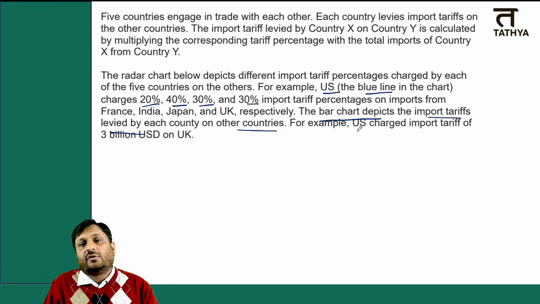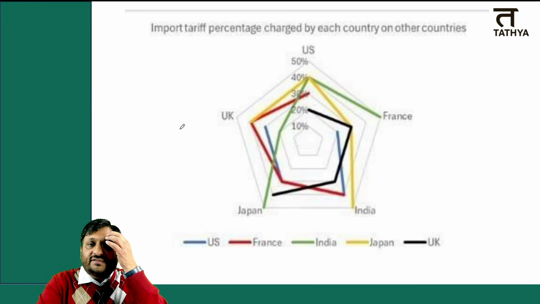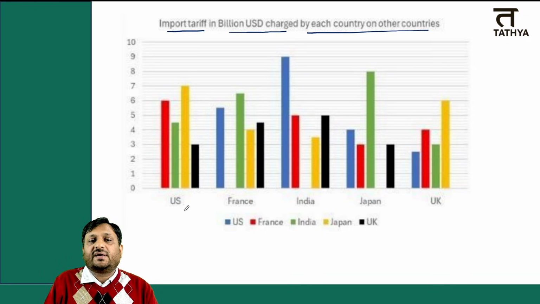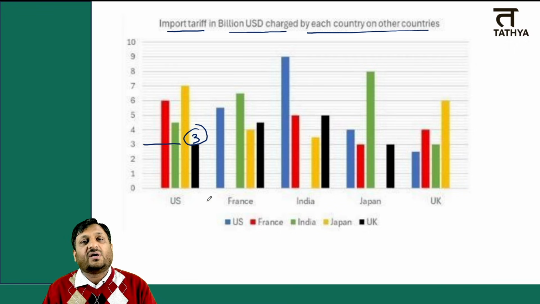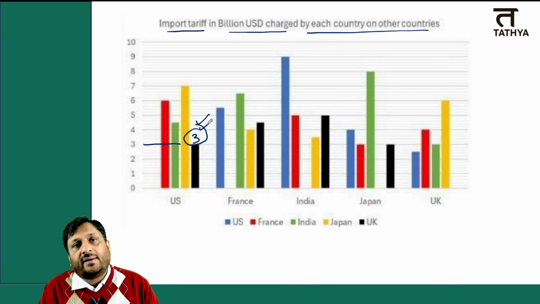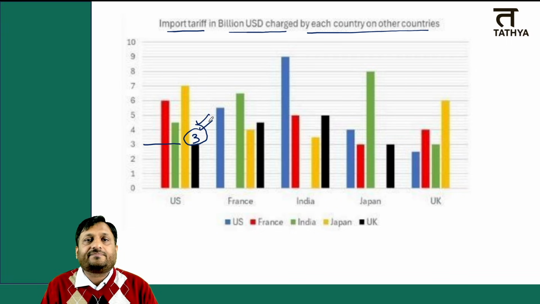For example, the US charged an import tariff of 3 billion USD on UK. So the US government has earned 3 billion US dollars from UK as import tariff.